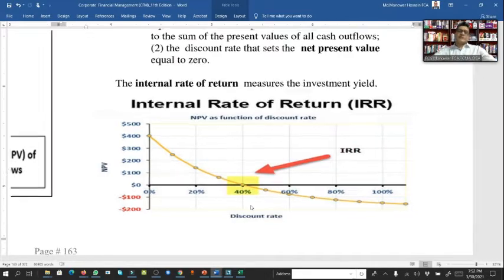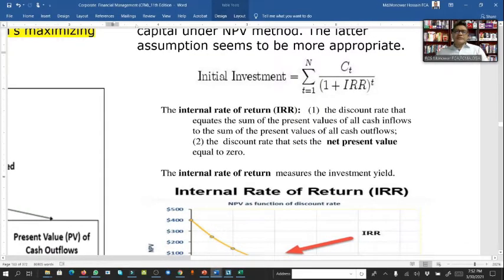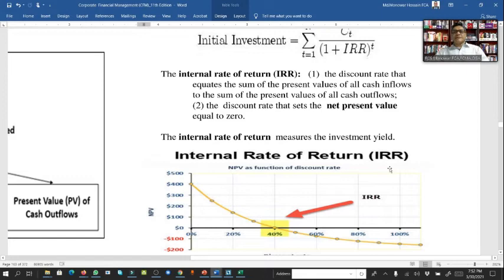So basically, this is the discount rate that equates the sum of the present value of all cash inflows to the sum of the present value of all cash outflows. The discount rate that sets the net present value equal to 0.